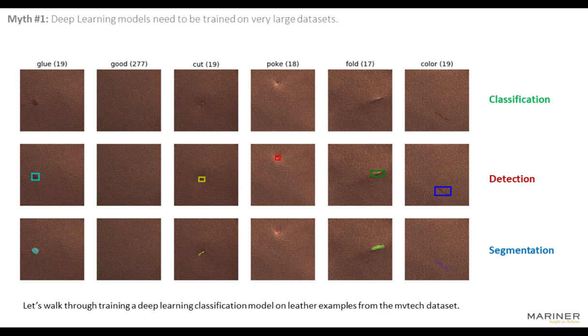Now, if there was some magic manufacturing data set that had 1 million images from manufacturing applications, that could be better. But the chances of that showing up anytime soon are pretty much zero. In practice, we found that you're much better off with any kind of image data set, even if it looks different than the data set you deploy on. That's one of the really fascinating things about deep learning, is how general it is. It can learn from ImageNet, and you can deploy it and fine-tune it on very specialized images from manufacturing.